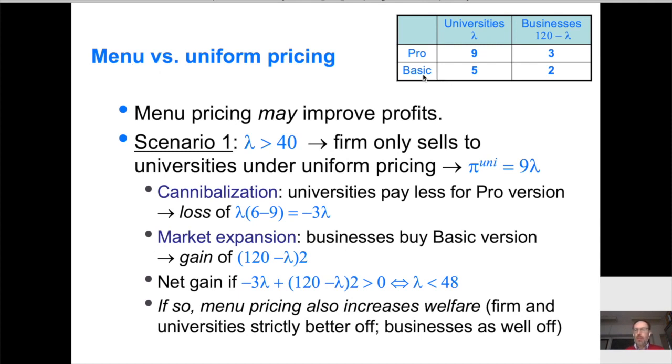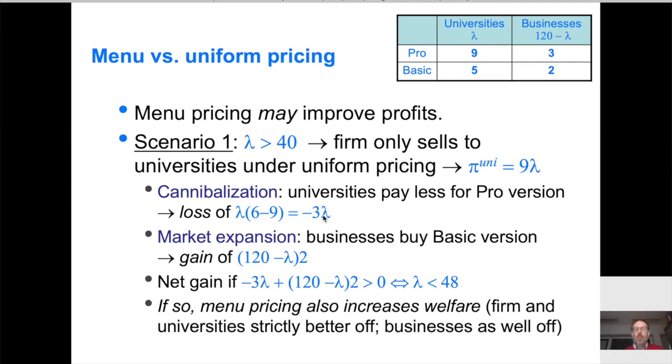The introduction of the basic version, which is meant for the businesses, leads to what is called a market expansion. The businesses under uniform pricing wouldn't buy anything. Okay, the price is 9, they wouldn't buy at that price. But with menu pricing, now they have the opportunity to buy. And from the seller's point of view, this is a positive expansion of the market. They pay 2, and there are 120 minus lambda businesses, so there is a gain of this much.